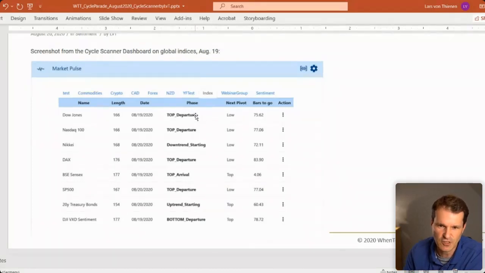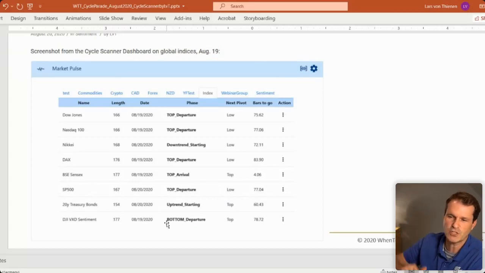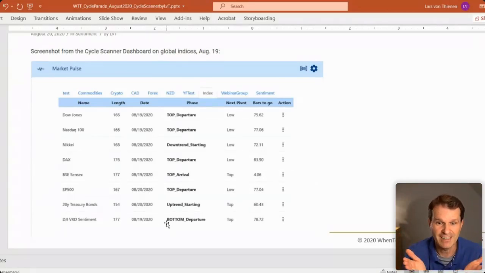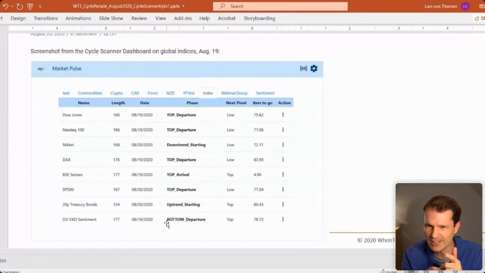This is the top departure, downtrend starting, top departure, top arrival, top departure, uptrend and bottom departure. The VIX is vice versa, so a bottom departure in the sentiment indices is the same as a top departure in the main indices. This is cycle synchrony. I think it was the end of August 2019, it's written here, so this was seen at the end of August.